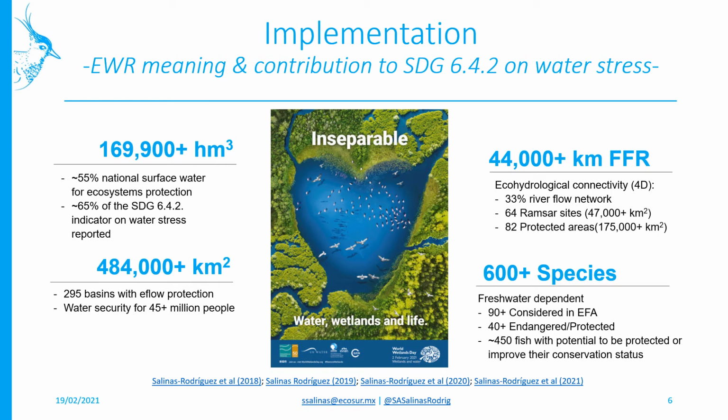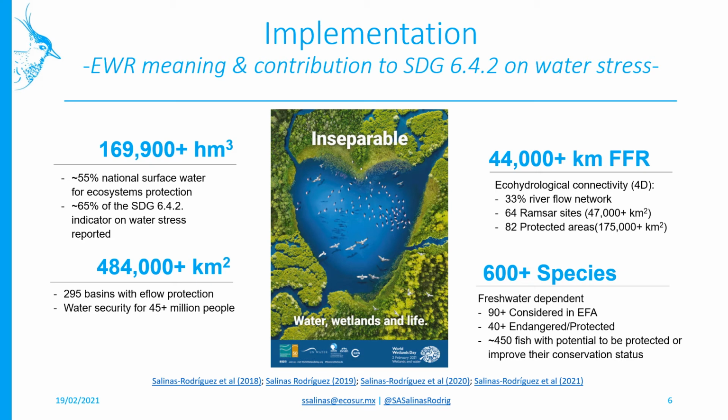More than 44,000 kilometers of Mexican free-flowing rivers have E-flows legally secured. That is around 33% of the river network. They support 64 wetlands and 82 protected areas.